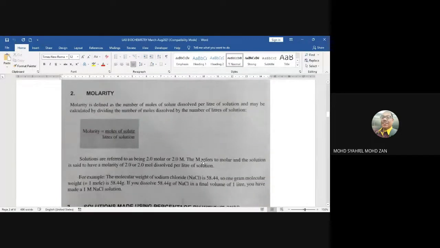Alright, continue. Molarity. So what is molarity? It's defined as the number of moles of solute which is dissolved per liter of solution, and may be calculated by dividing the number of moles dissolved by the number of liters of solution.